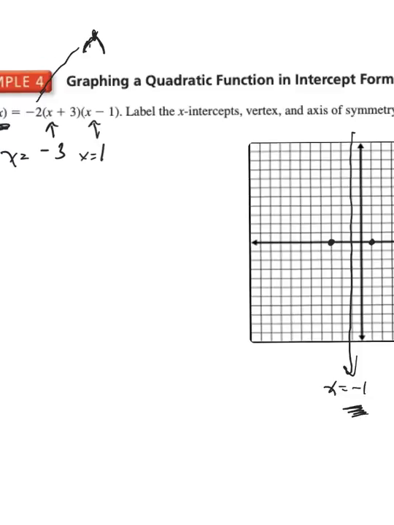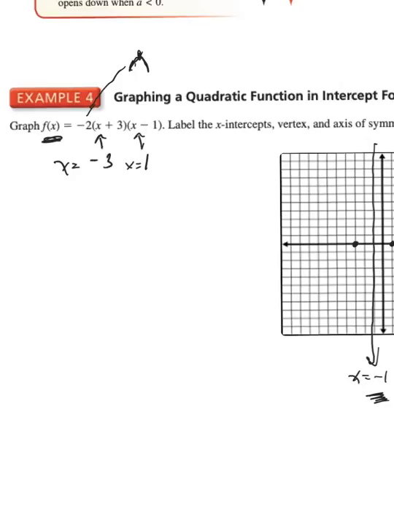So that means the x value of the vertex is also -1, right? How would I get the y value of the vertex? Were you able to figure that out? It's going to be when I plug the x value of the vertex into the equation. So I get -2 times (-1 plus 3) times (-1 minus 1).